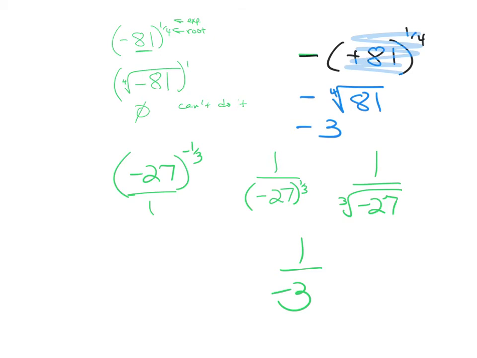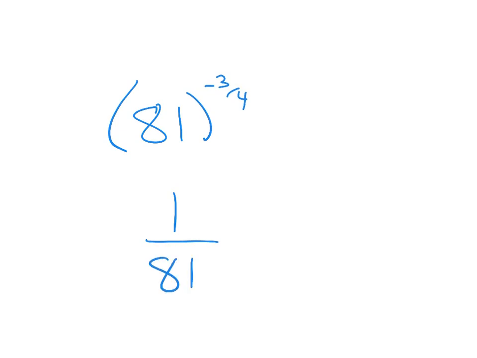Let's try another one. Let's do 81 to the negative 3/4 power. Again, negative exponent turns it to a fraction. The power becomes positive.